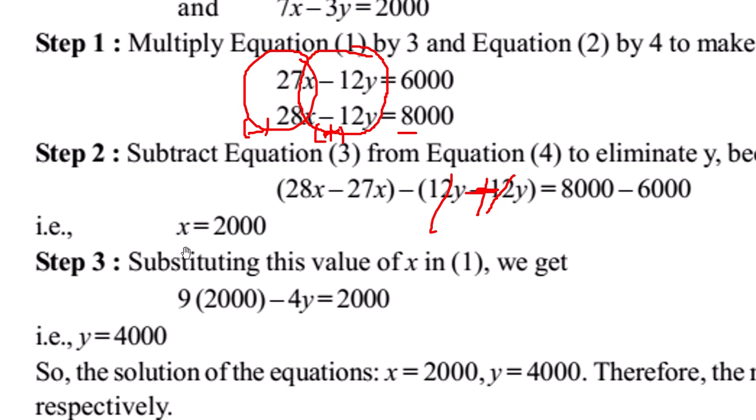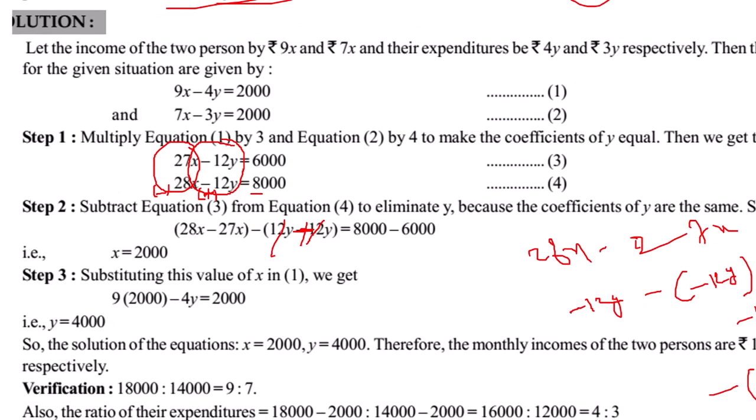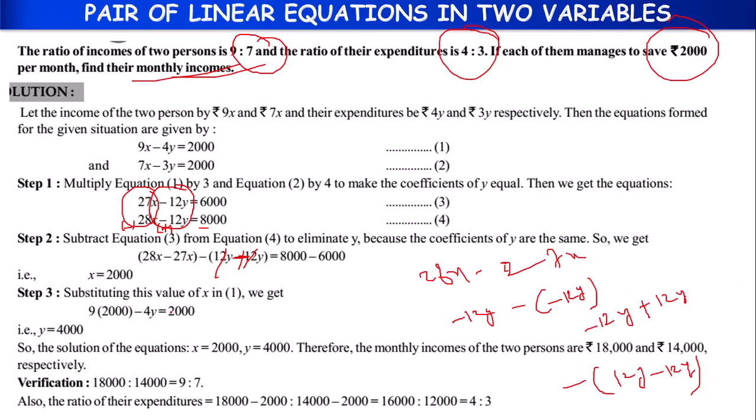So x value is 2,000. Let's substitute it in equation 1. 9 into 2,000 minus 4y equals 2,000. So 9 into 2,000, how much? 18,000. 18,000 comes this side, means minus 18,000.